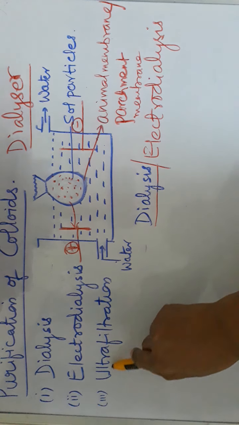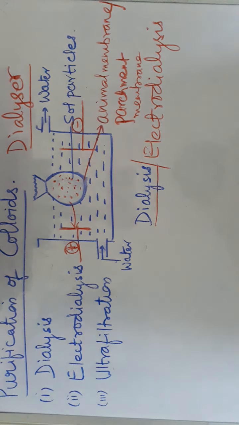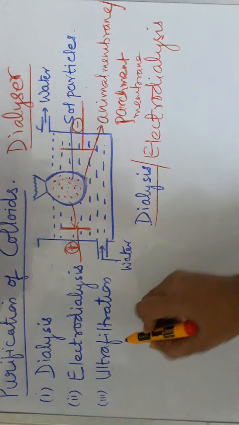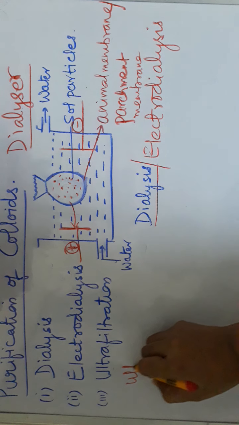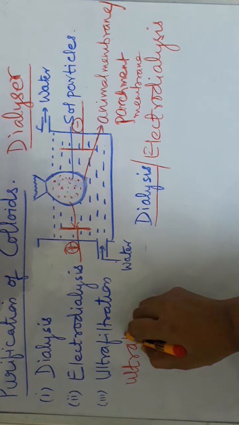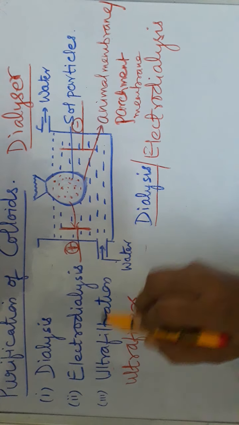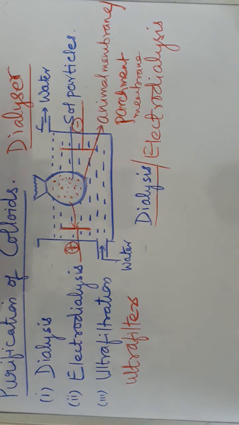Now the third method is ultrafiltration. In ultrafiltration, special types of filter papers are used, called ultrafilters. What is special about these filter papers? The pore size is special.